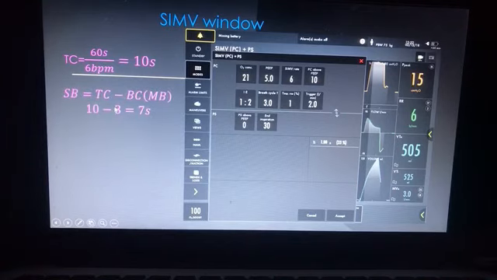Then we set the mechanical breath cycle to 3 seconds. So 10 is the total cycle and 3 is the mandatory cycle, which gives us the spontaneous time of 7 seconds. So the patient can take spontaneous breaths in these 7 seconds.